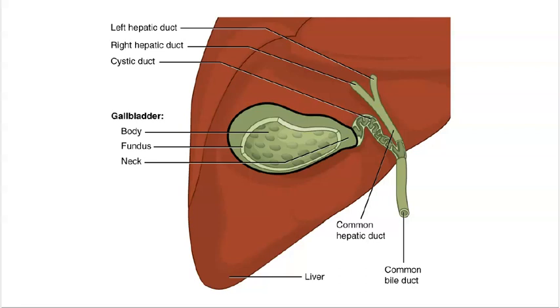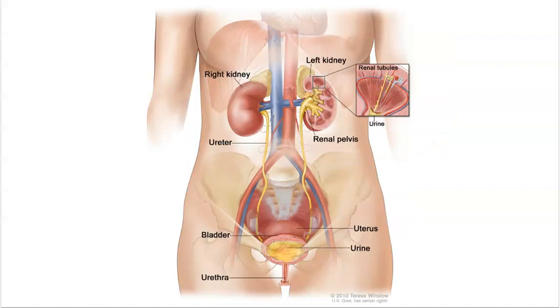These are the different ducts coming off the liver, and how the gallbladder is organized. It has a fundus and a body and a neck, and you have these different ducts. But again, I don't think you need to spend much time on that. Not a lot of questions coming off that slide.